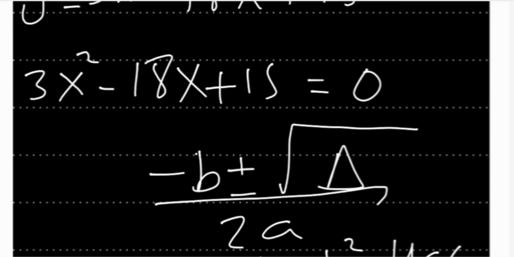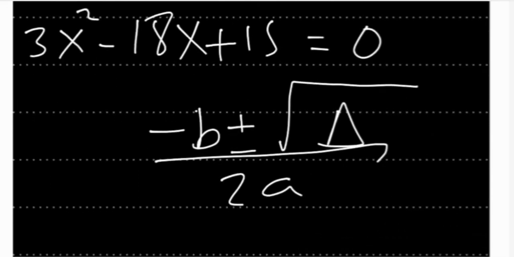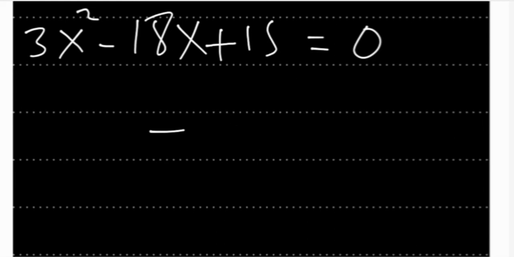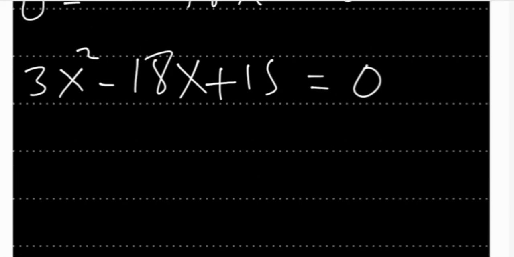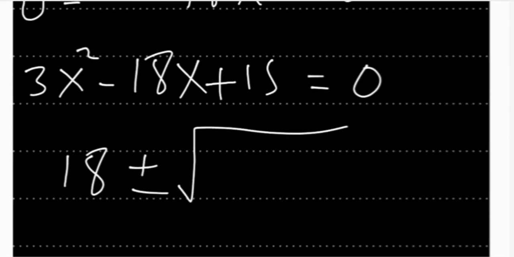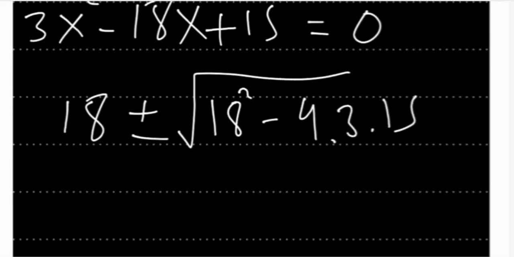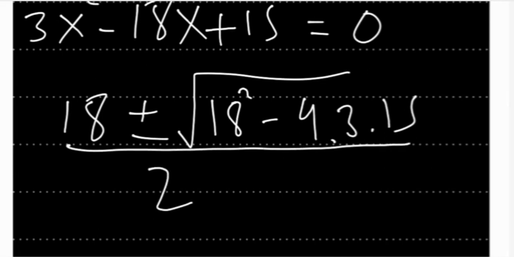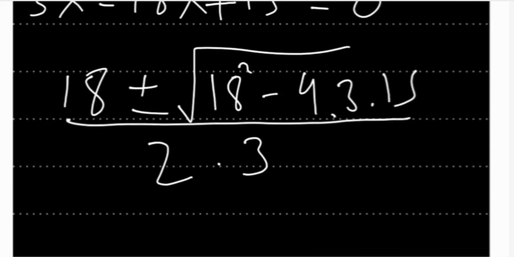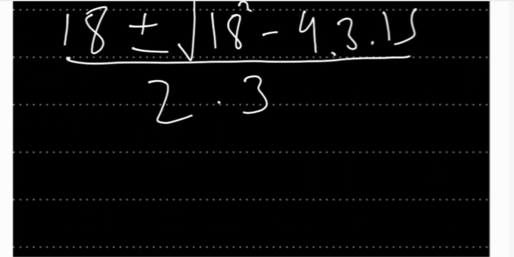Okay, so this is what I'm going to do. Minus b plus or minus the square root of b squared minus 4 multiplied by a multiplied by c, divided by 2 multiplied by a. Okay, so let's go on solving these numbers.